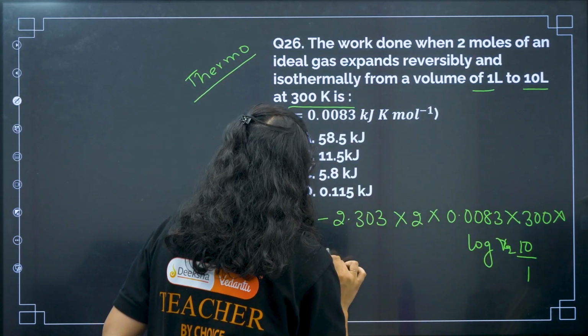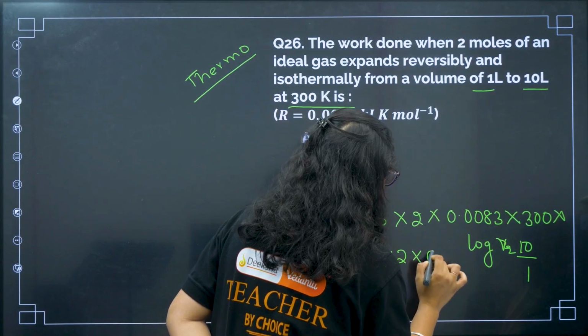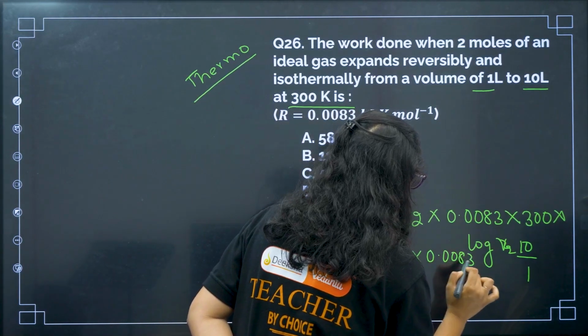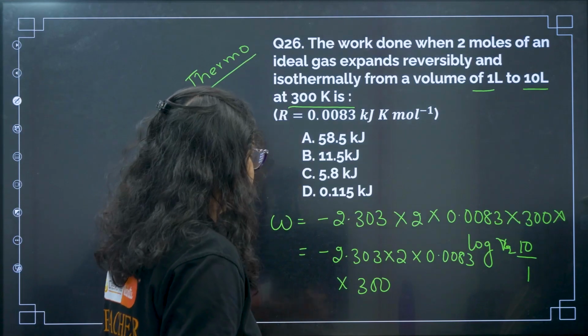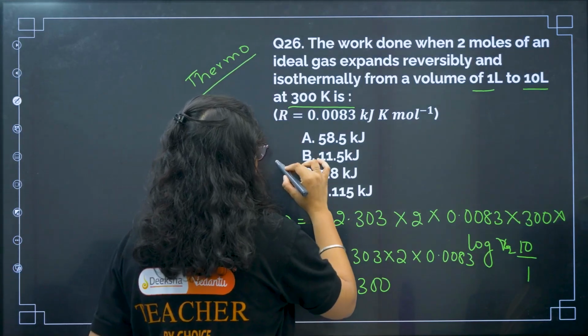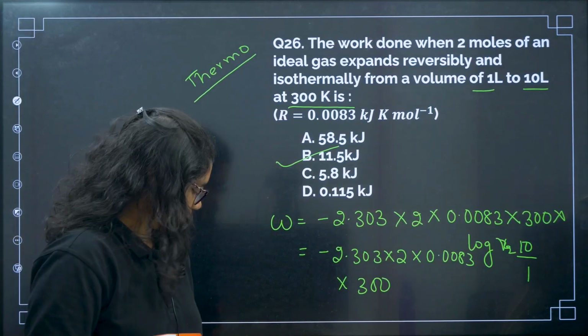So I am having minus 2.303 into 2 into 0.0083 into 300. Okay, so now you can solve this, and if you solve this, you will be getting around 11.5 kilojoule. The correct answer for this question will be option number B.